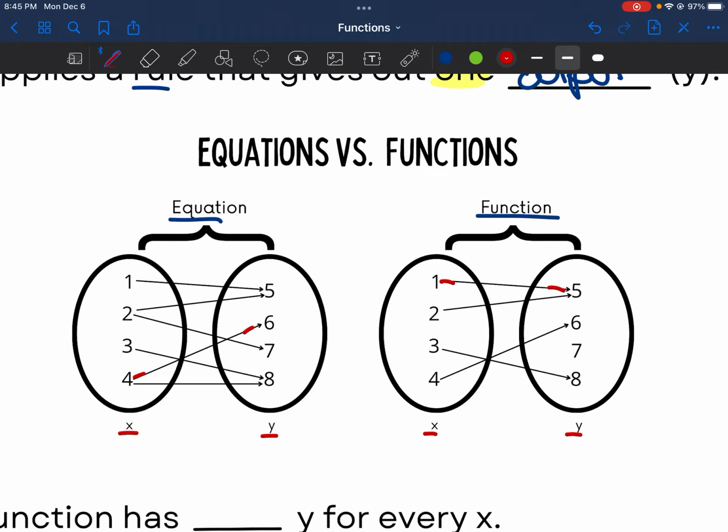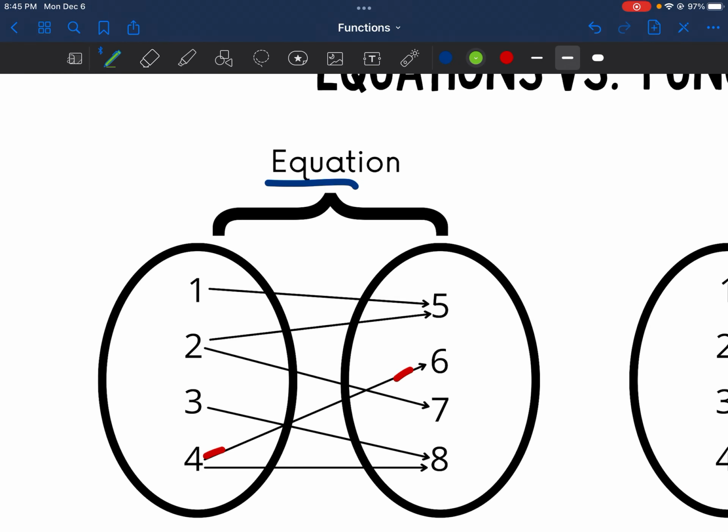A difference that I notice is that with my equation, some of the x's are mapping to two y's. So like right here, we see that 1 is mapping to 5. But over here with 2, I see 2 going to 5 and to 7. 3 has 1 mapping and 4 has 2 mappings.